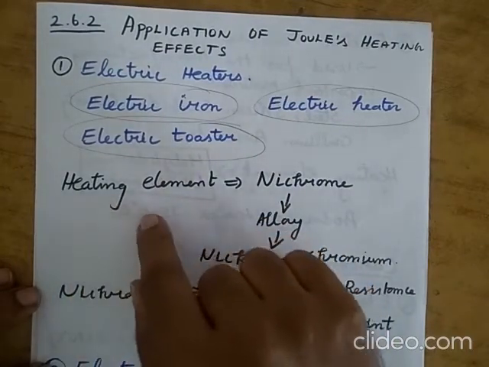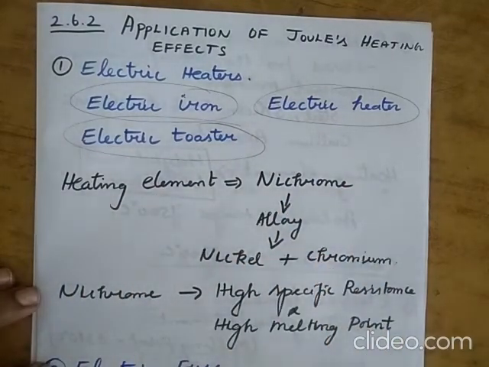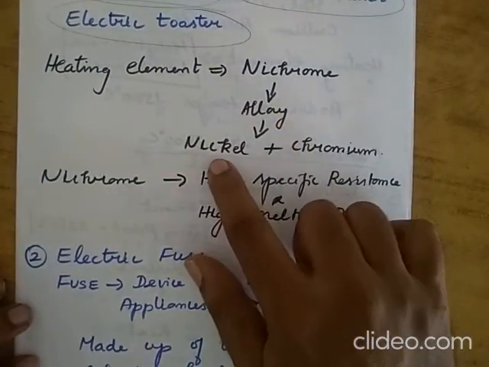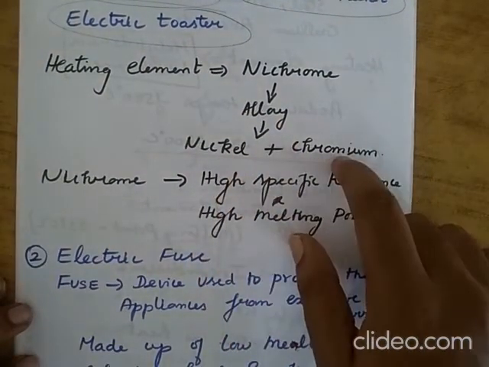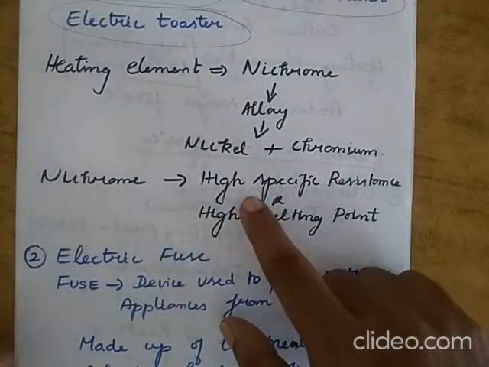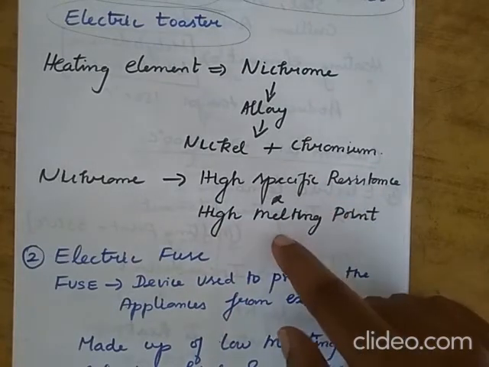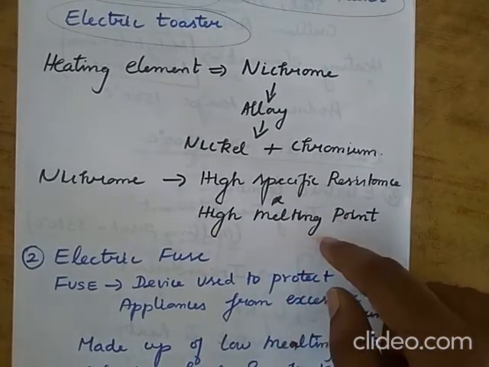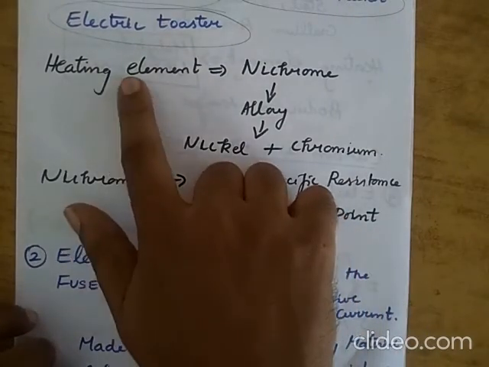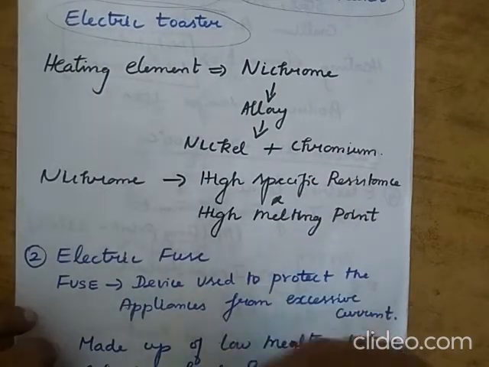That heating element is made of a material called nichrome. This nichrome is an alloy of nickel and chromium. The characteristics of nichrome are high specific resistance and a high melting point. Due to this nature, we can heat this element to a very high temperature without oxidation.